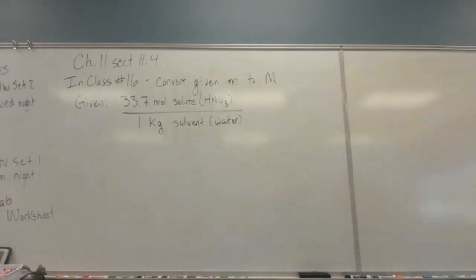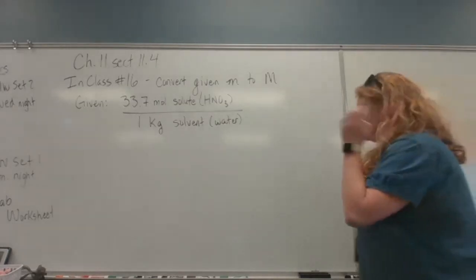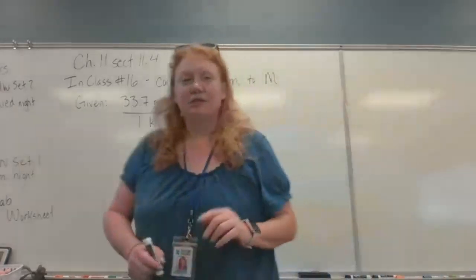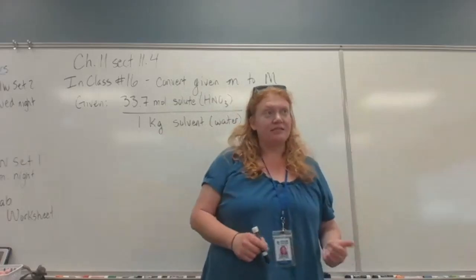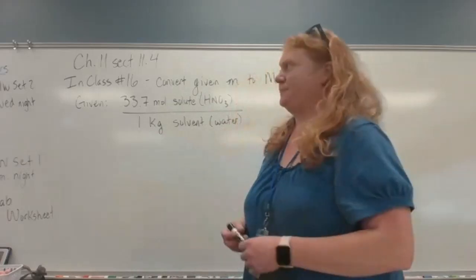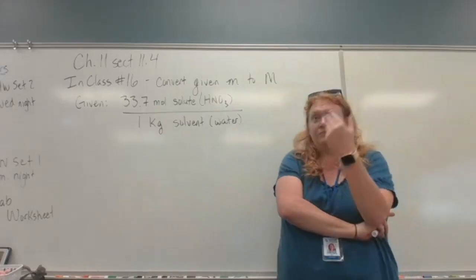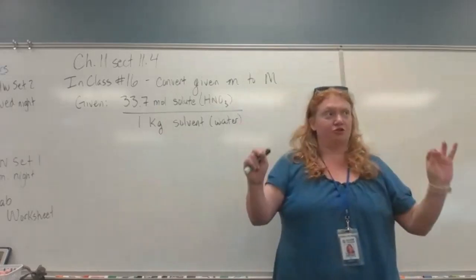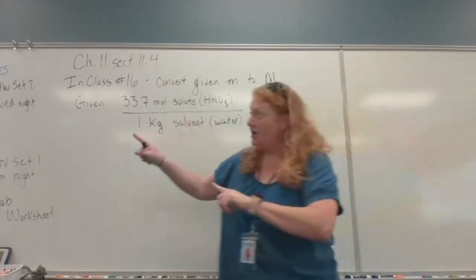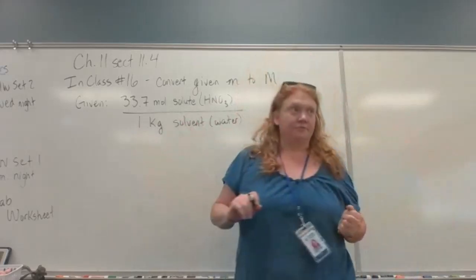Okay. What else are we given in this problem? What is that little symbol D? Okay, that is the density. You're given the density. The density of what? Of the solution. That is not the density of water.